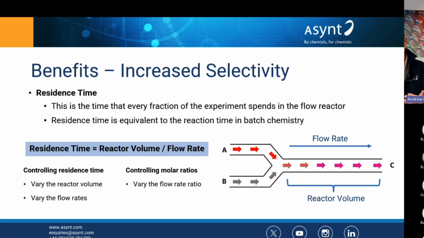Now, if we can control the pumps, we can control the time in the reactor, we can vary those flow rates, and then we can control the molar ratios precisely as well. So those reactions where you need precise one-to-one molar ratios in things like reduction, where if you have an excess of the reductant, you can lead to over-reduction. We can control those types of reactions very precisely with very precise stoichiometry control.